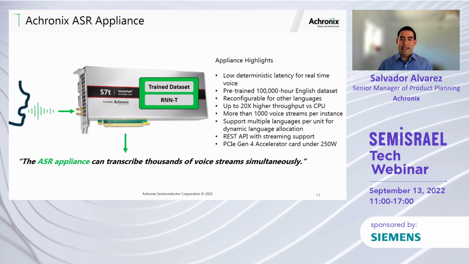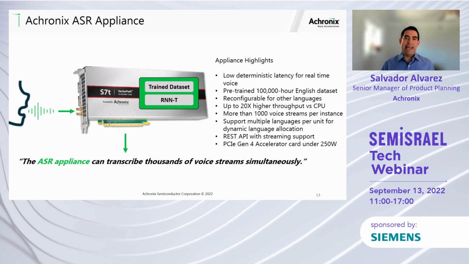The FPGA is configured with an RNN-T model for the ASR, and it's already pre-trained with over 100,000 hours of English language data. Of course, it can be trained on other languages, and it can support multiple languages simultaneously. The appliance has a very low and deterministic latency, which enables it to be used for real-time conversational AI.